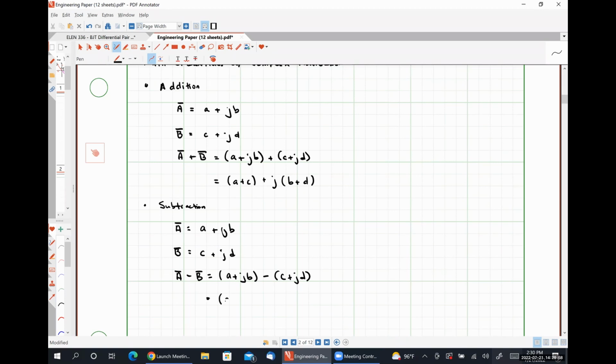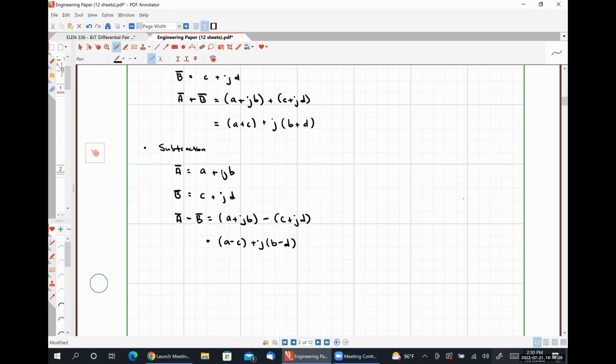So we'll have a minus c plus j times b minus d. Again, this is nothing more than how we would subtract two-dimensional vectors from each other in our physics classes. We can do it graphically using the tip to tail method as well if we need to, but I don't think we'll ever really have to do that in this class.